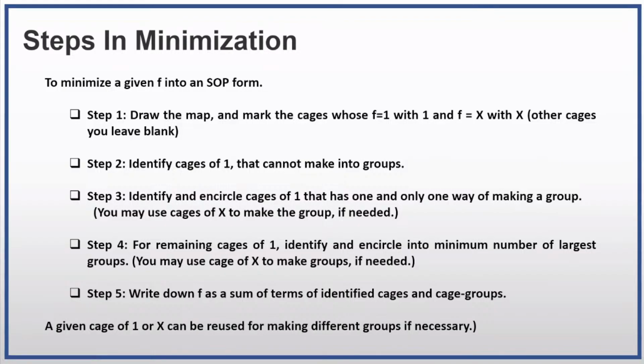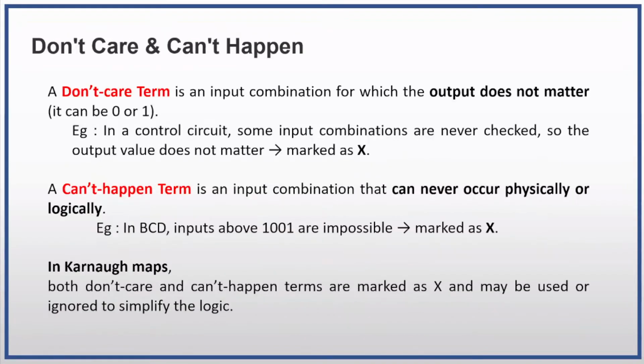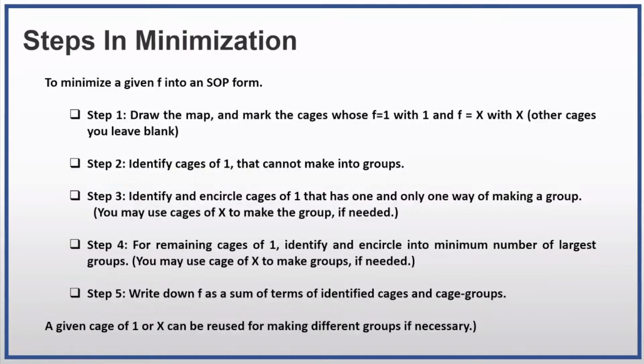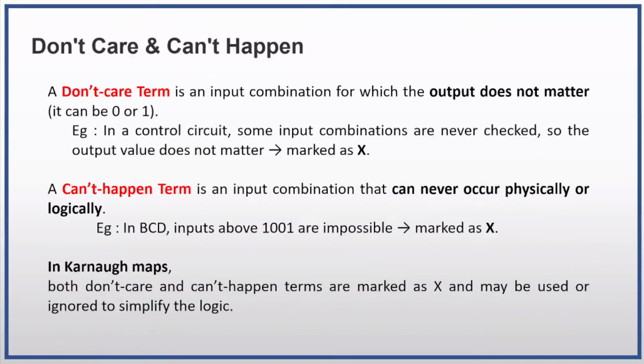And before that, I want to tell you what is represented by this X. So there can be don't care and can't happen situations. In some cases, the output can be 0 or 1. That means it's a do not care input, so we can use it as 0 or 1.